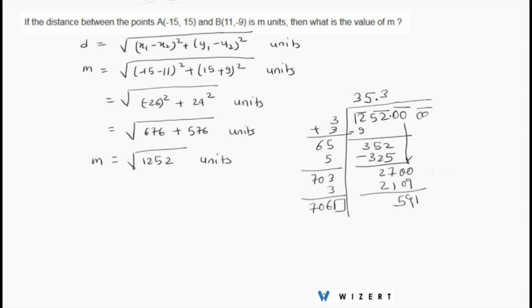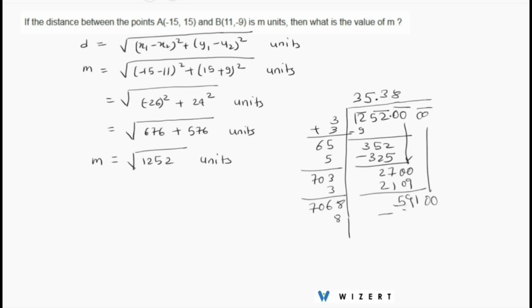We'll take one more pair of zeros here, which will come down here, and we have 703. Let's try with 8. If we use 8 over here, we get, yes, 8 will be here.